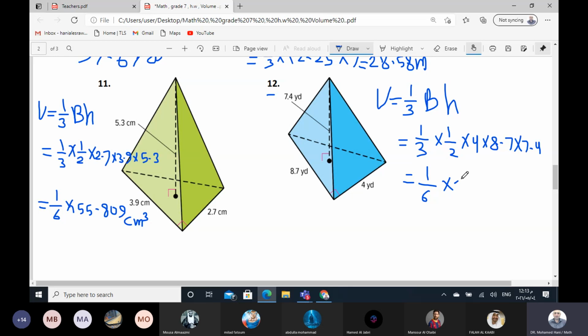So the answer will be 257.52 times 1 divided by 6. So the answer will be 42.92 yard cubic.